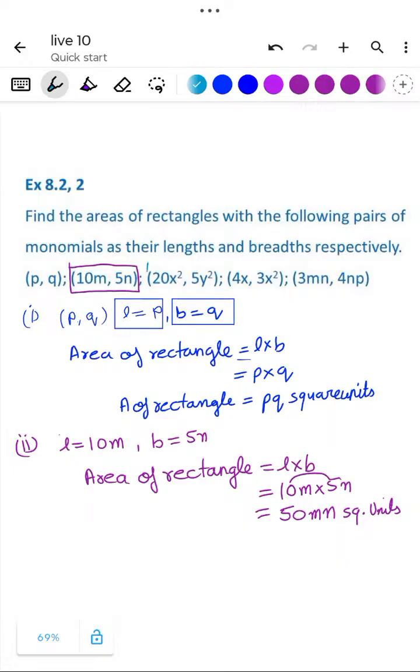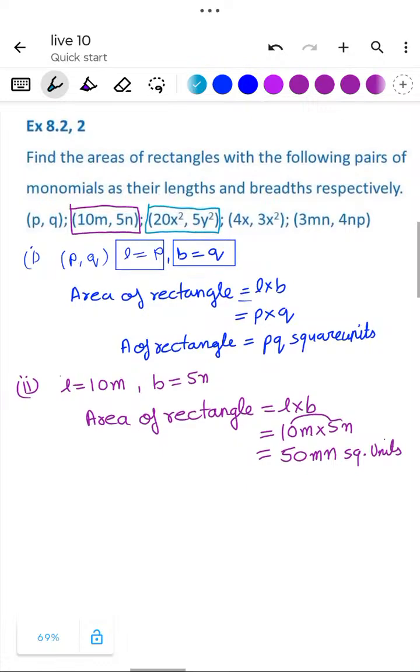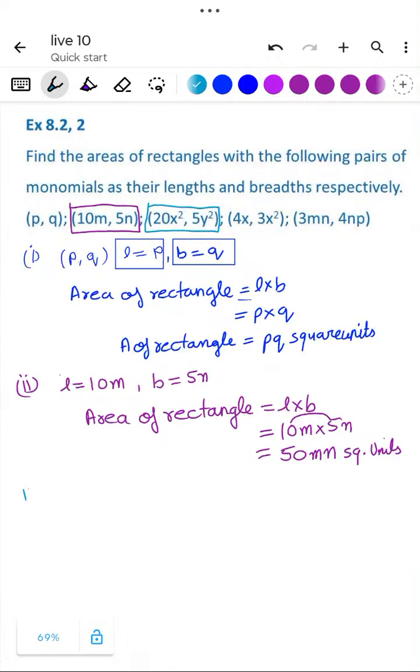Now the third is 20x square and 5y square. So L here is 20x square and B is 5y square.